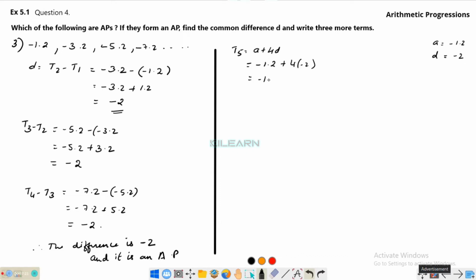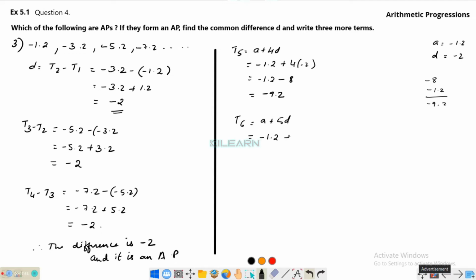That gives us minus 1.2 minus 8, which gives us minus 9.2.